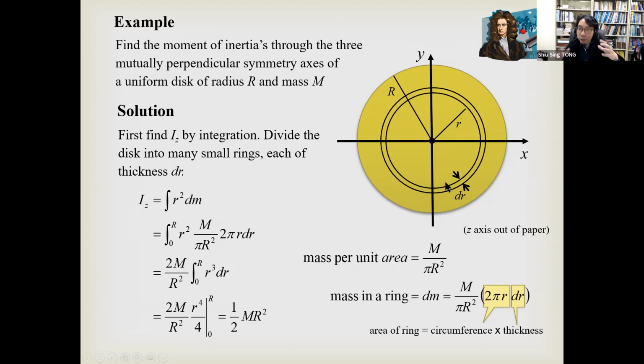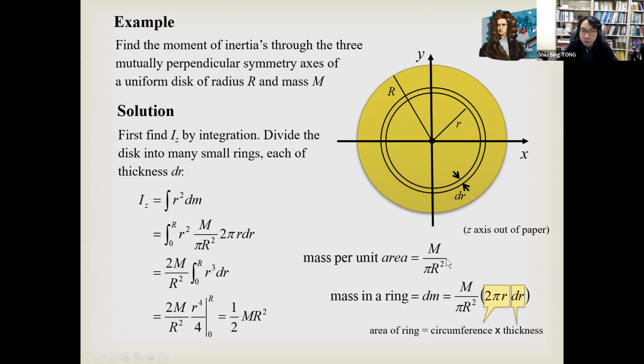In this case, I chop the disk into a lot of rings, so the dm becomes the mass of the ring. How do I find the mass of the ring with a small thickness dr and radius r? That's my problem. Now, that's not so difficult.